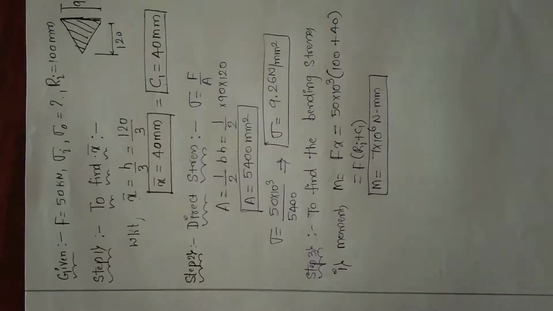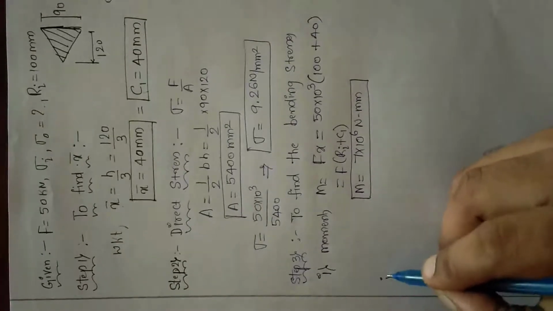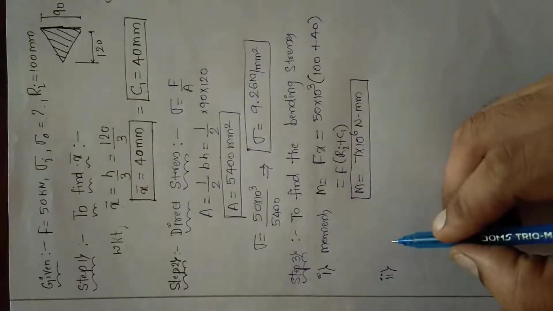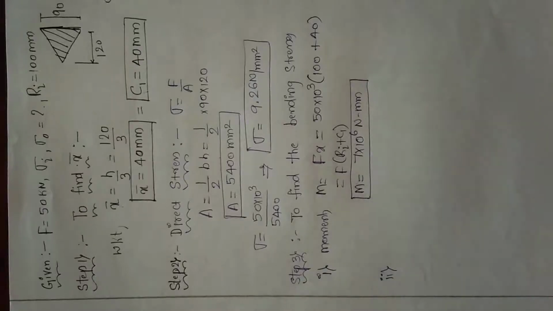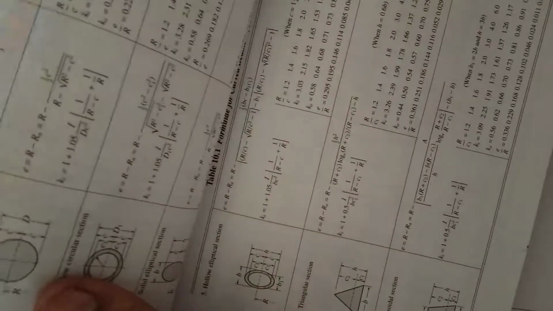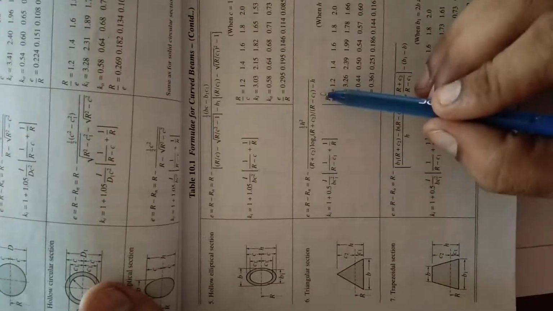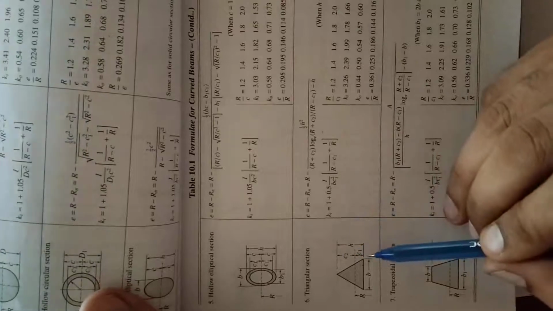Next, the second one: from the data handbook, page number 163 for the triangular shape. Here is the data handbook. For the triangular part, I have E equal to R minus Rn, and all these notations, with C1 and C2 from the CG.